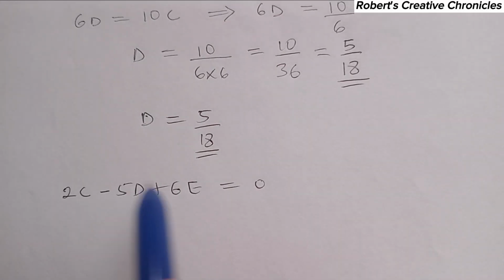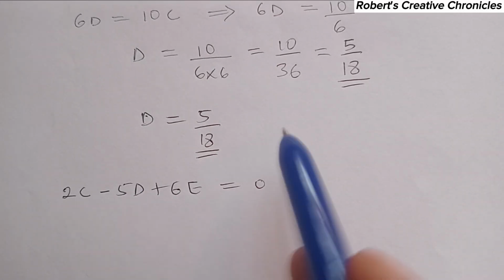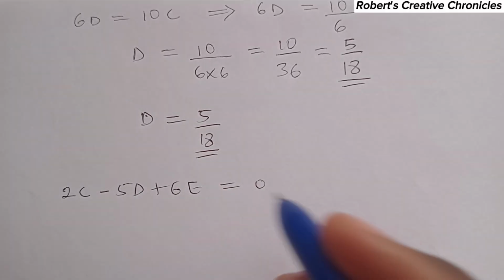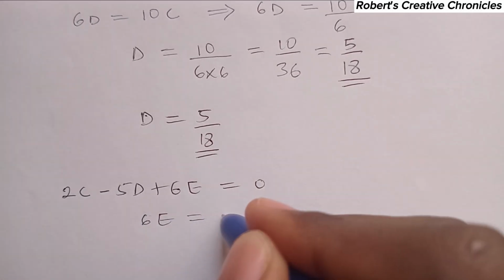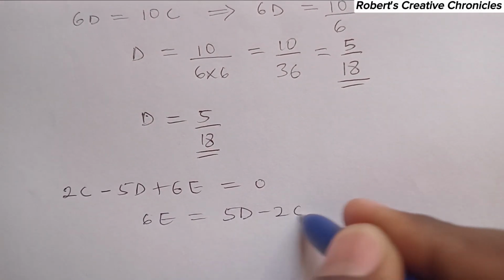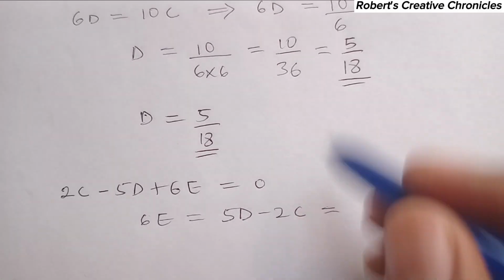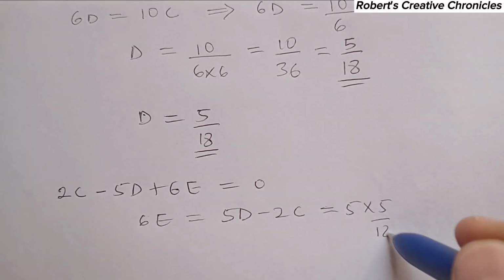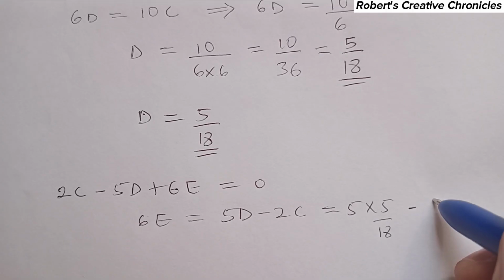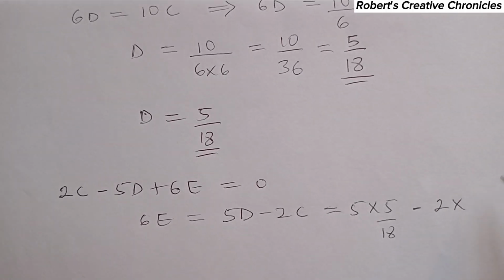So now we have found d and we have found c. So we need to find e. So we'll just make e the subject of the formula. So it will be 6e is equal to 5d minus 2c. Then we'll substitute c and d here. D is what? Is 5 over 18. And c is what? C is 1 over 6.